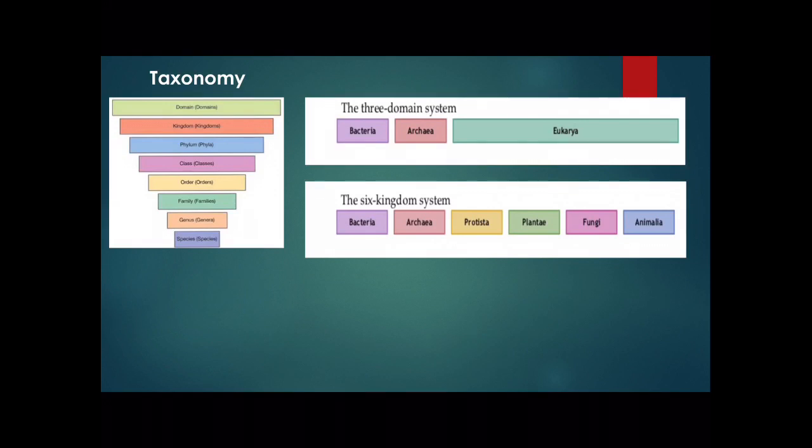So we have the first one is the kingdom of protists or protista. The next one is plantae or plants. The third one is fungi. And the fourth is animalia or the animals. You might have been wondering why I said protista, plantae, fungi, and animalia. That's because that's their Latin names.